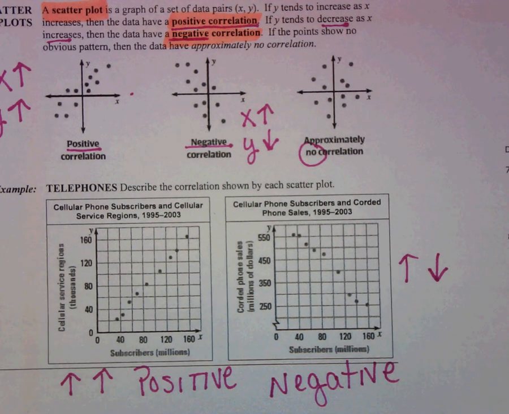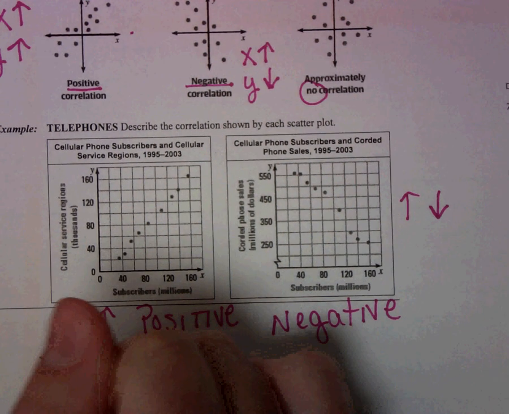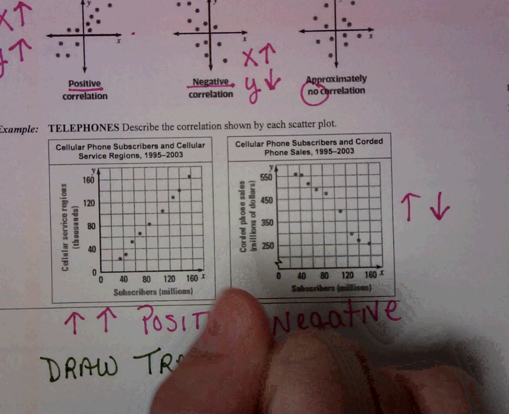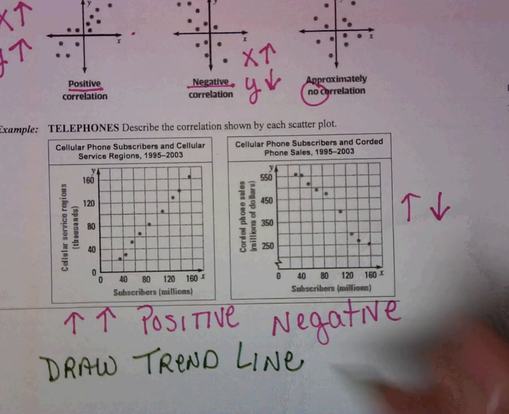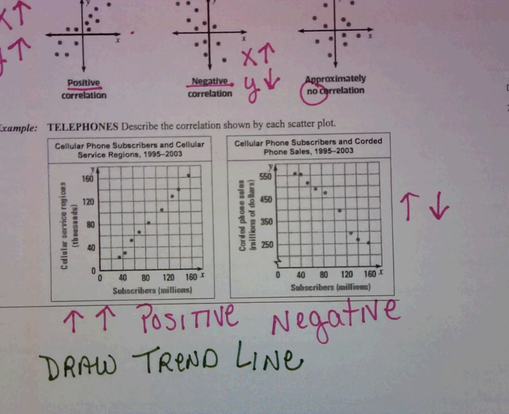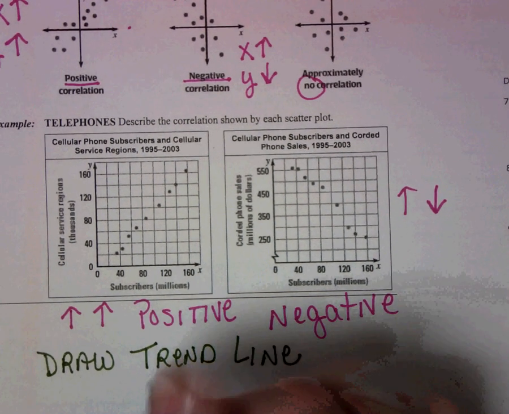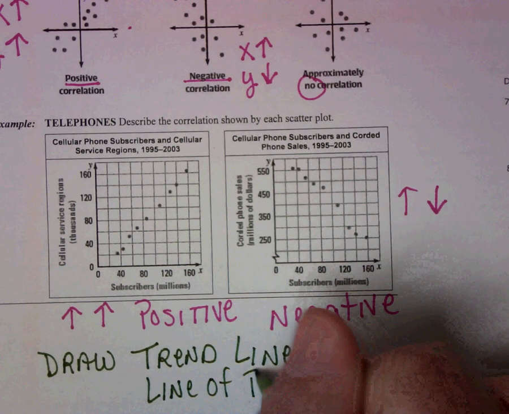Now, one thing I want to point out to you about these graphs is I want to talk about how you would draw a trend line. We will learn how to create a trend line or a linear regression with the calculator, but you also need to be able to draw your trend line. So when you draw your trend line or line of best fit, that's another name that you may see.